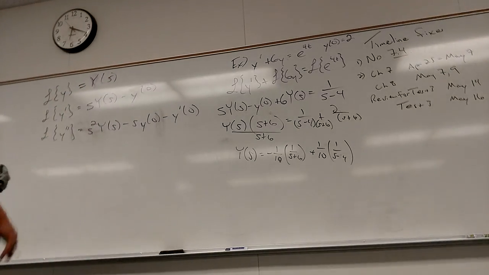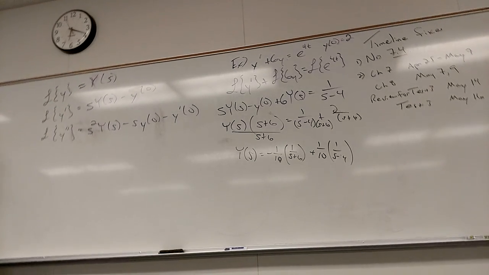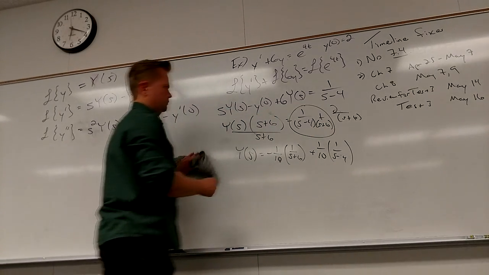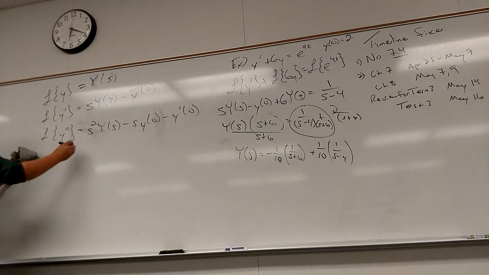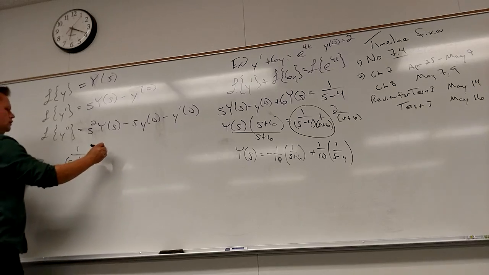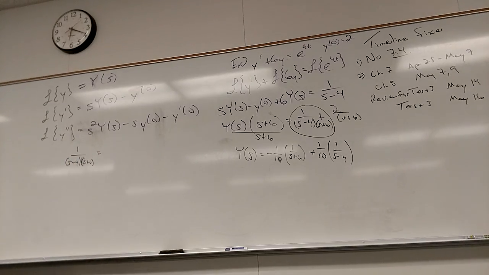Well, let's do this the traditional way then. Enough of this weirdness. I'm trying to break this up. So 1 over (s minus 4)(s plus 6) equals, what's the form of the answer going to be?